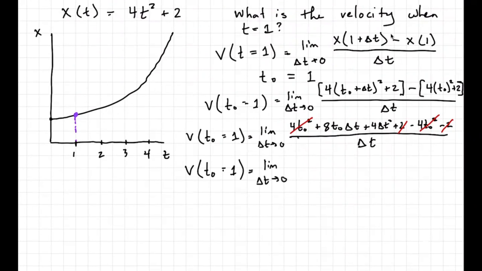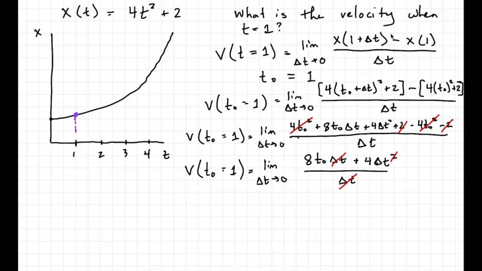We still have that limit. We're still thinking about taking a limit and trying to figure out how we're going to plug in 0 for delta t, which we can't yet. On top, we've got 8 t naught delta t plus 4 delta t squared over delta t. But now we can just cancel out the delta t from the bottom, and we lose one factor of delta t on top.